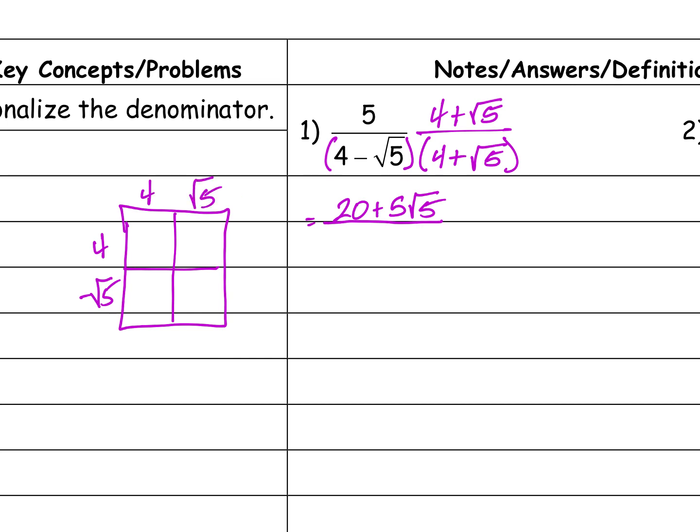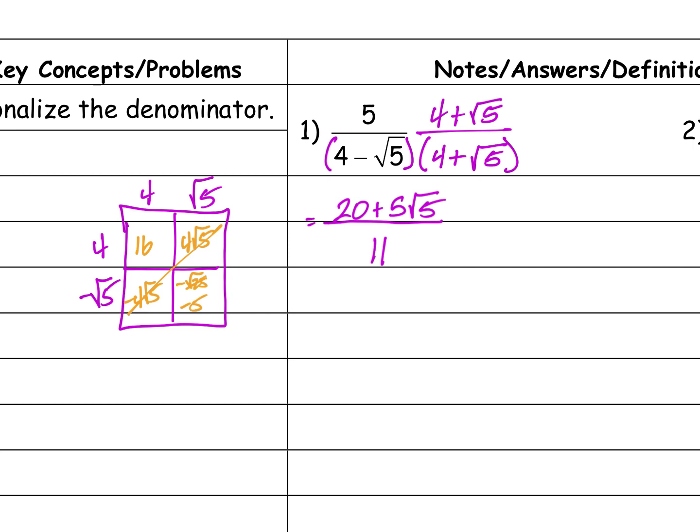So I've got 16, 4 square root 5 minus 4 square root 5 minus the square root of 25, which is minus 5. So 4 square root of 5 minus 4 square root of 5 is 0, so that goes away. I get left with 16 minus 5 is 11. Done. So there's no more square root in the denominator.